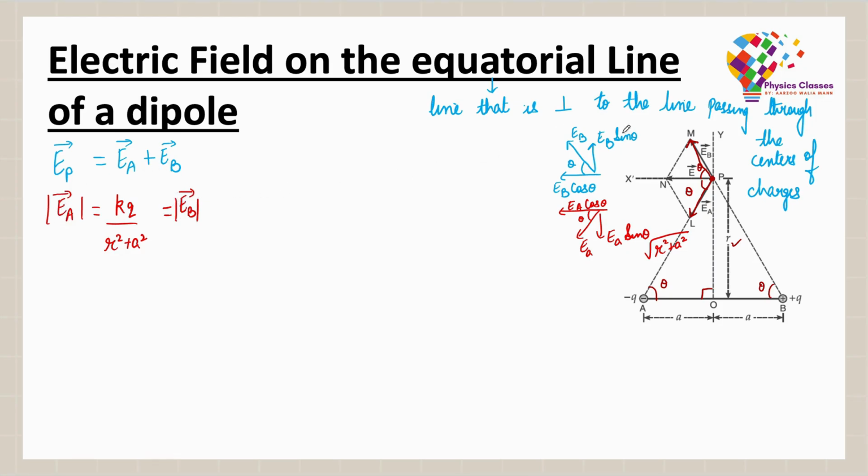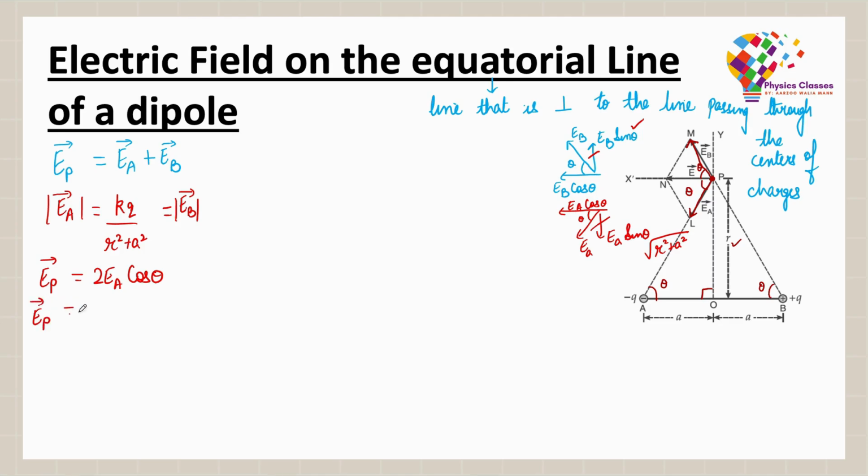Now since the magnitudes are the same, the vertical components cancel out each other and only the horizontal components are left. Therefore, the electric field at point P can be written as 2 times EA cos theta. You can write EA cos theta plus EB cos theta, but then EA and EB are equal, so I've just written it as 2 times E cos theta. Now let's substitute here.